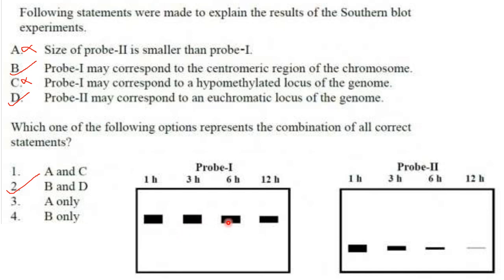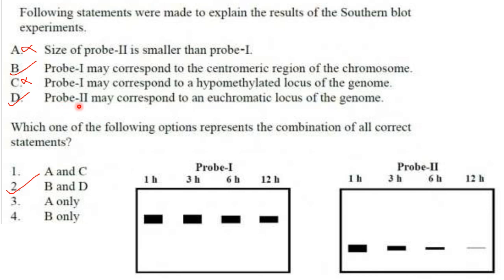This is because it is highly condensed region corresponding to heterochromatin region. So probe 1 corresponds to centromeric region of the chromosome. Centromeric region of the chromosome is heterochromatic. So probe 1 corresponds to that region. It is true. So B is correct. Probe 1 may correspond to the hypomethylated locus of the genome. No, it should be hypermethylated, not hypomethylated.